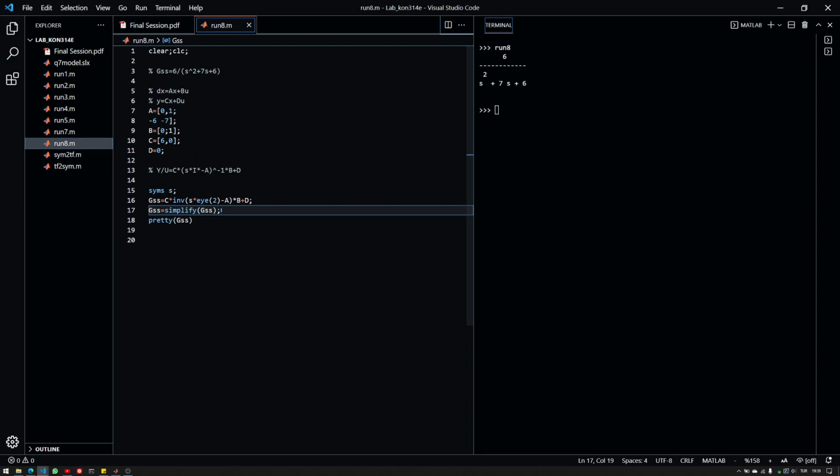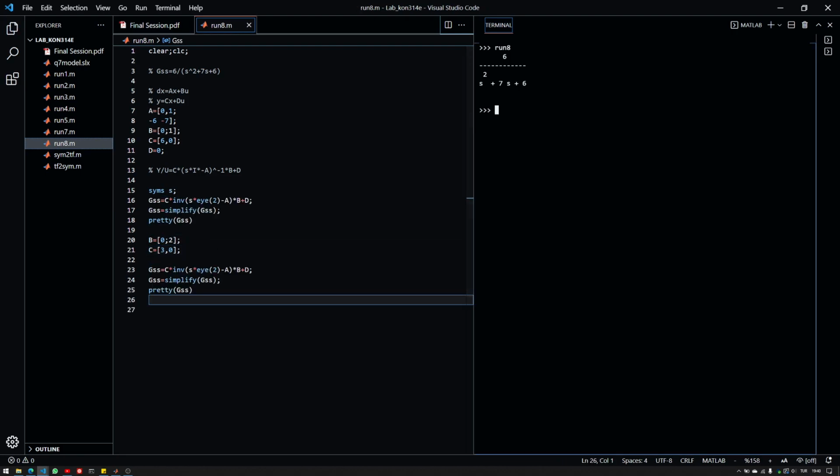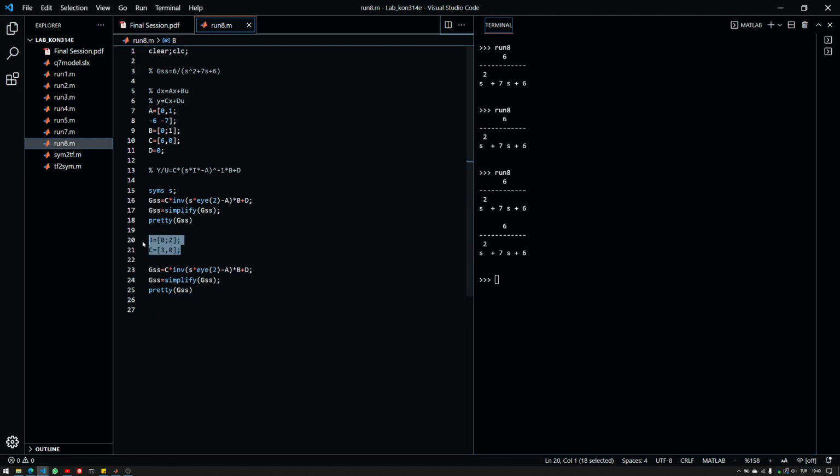And I guess I can demonstrate it if I, for example, change B and C. Now let's multiply this with 2 and let's have this, for example. Now what happens if I repeat this with different B and C? Now as you can see, same transfer functions, but here I have a different B and C matrix, here I have a different one. And that's not the limitation here.